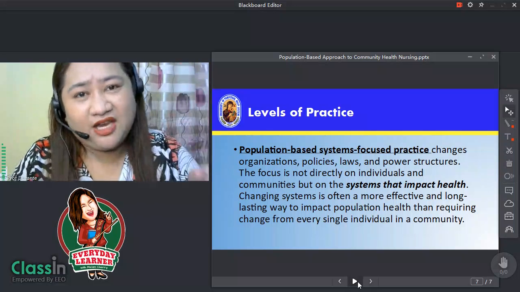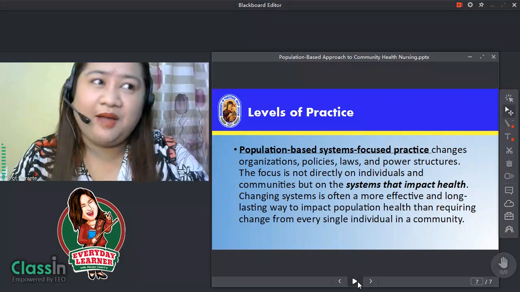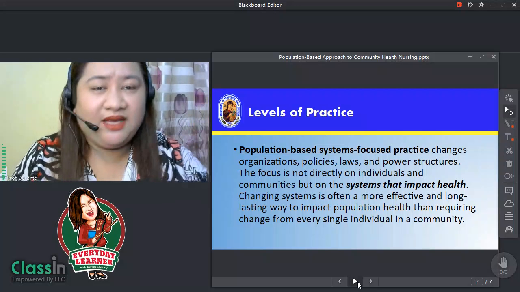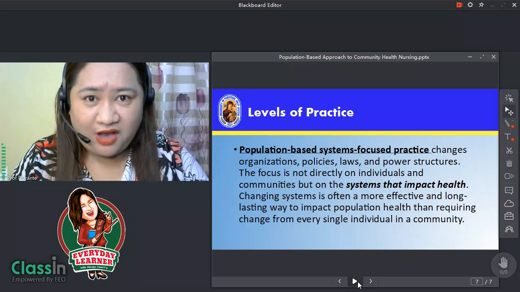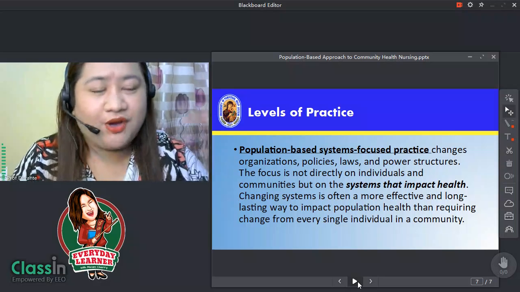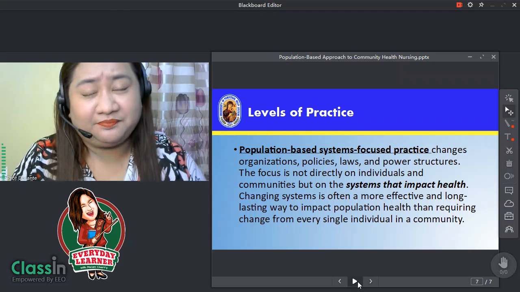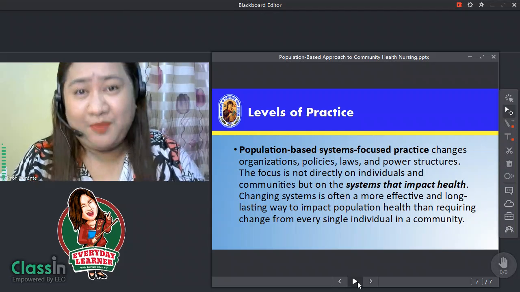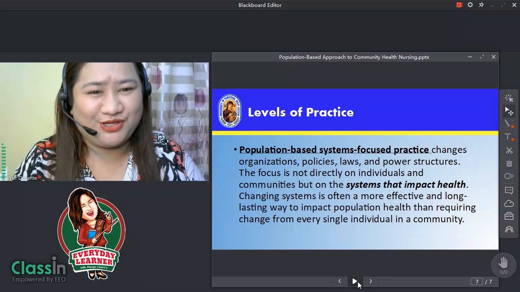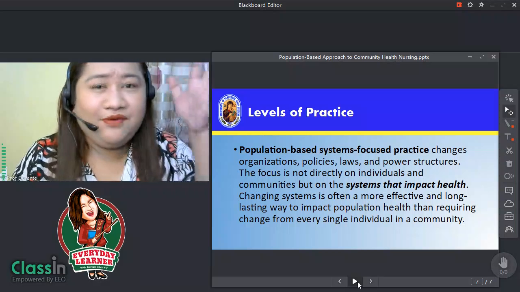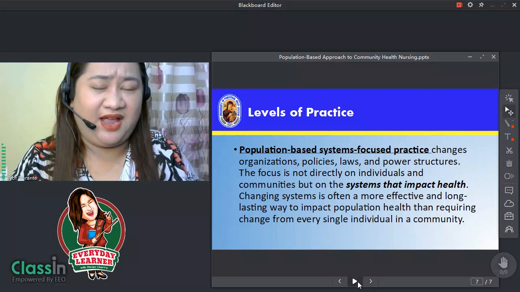I have here an assignment portion where you can submit the pictures of the posters that you've taken. I will also place there how you will be graded with your posters. I'm so excited to see how you view these different factors that affect health.